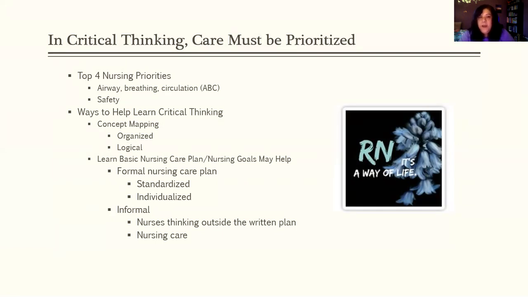Just remember, I have to make sure the heart's beating and it's beating effectively, they're breathing, and the airway's clear. The next thing is safety. We're talking about patient safety, all patient safety, staff safety, family safety. Okay, safety is the top 4. Airway, breathing, circulation, and safety. So always pick those ones first.